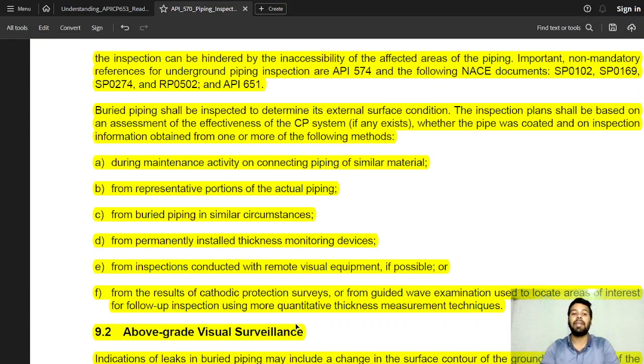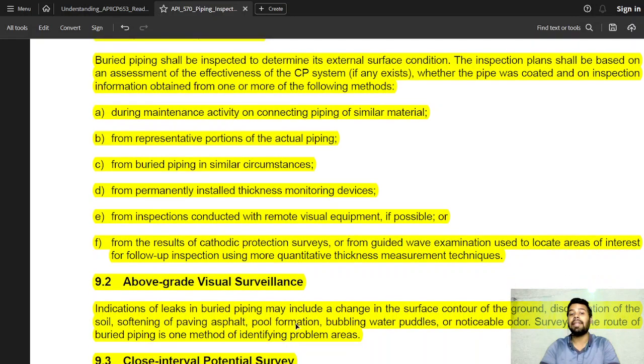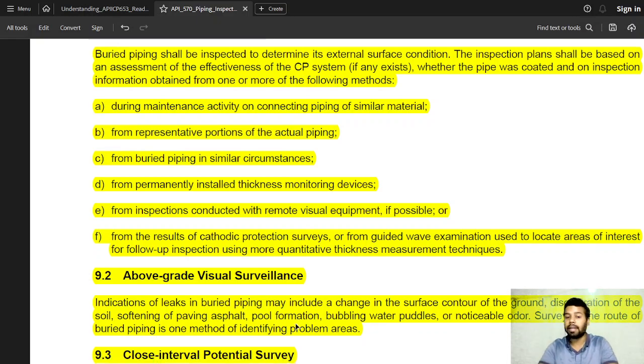The inspection plans shall be based on an assessment of the effectiveness of the corrosion protection system or cathodic protection systems, if any exist, whether the pipe was coated, and on inspection information obtained from one or more of the following methods: during maintenance activity on connecting piping of similar materials, from a representative portion of the actual piping, from buried piping in similar circumstances, from permanently installed thickness monitoring devices, from inspection conducted with remote visual inspection equipment if possible, from the results of cathodic protection surveys, or from guided wave examination used to locate the areas of interest for follow-up inspection using more quantitative thickness measurement techniques.